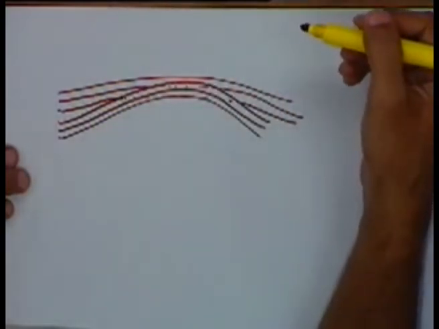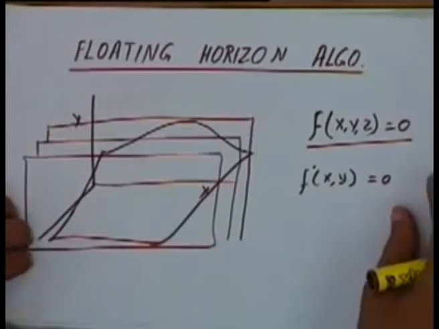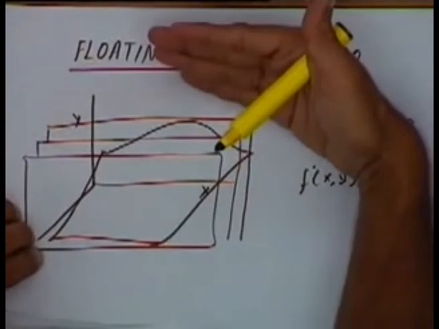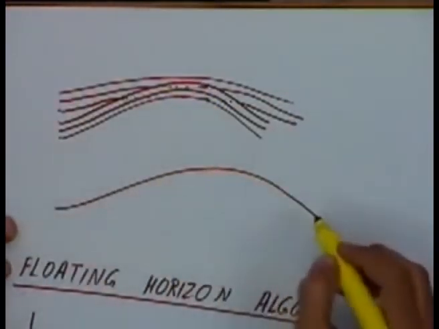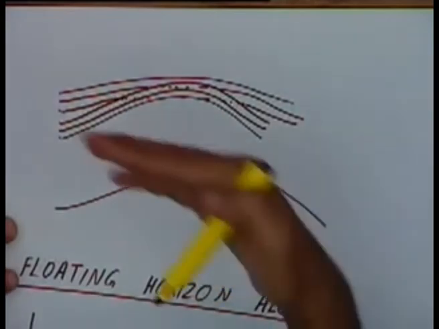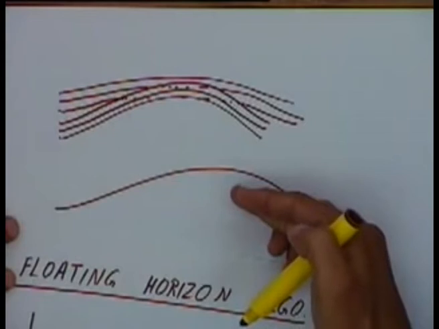So, how come you don't start from the back planes then? If I start with the back planes, then I'll have lots of problems. Look at this. If I start from the back plane, let's say I've drawn this curve. Now I'm taking a plane which is ahead of it, so some part of it is going to be obscured.